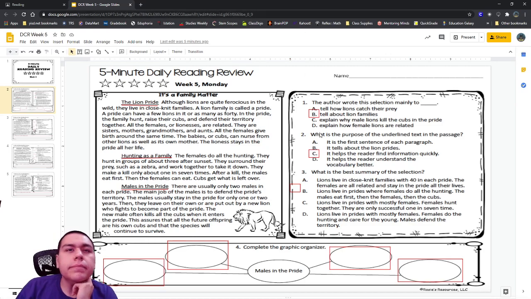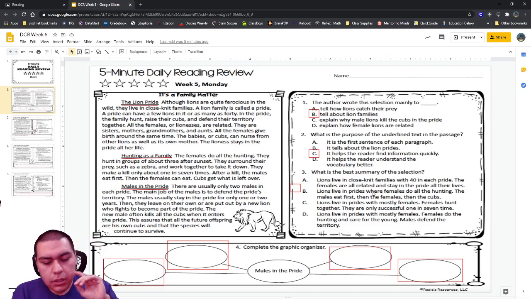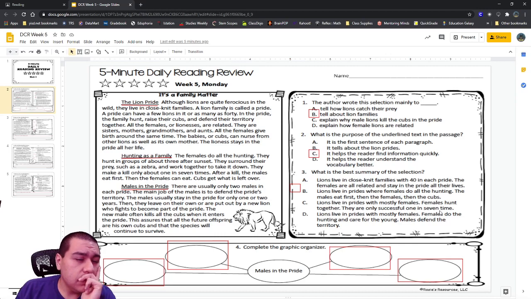That's okay. All right. So we found a good summary of paragraph 1. We found a good summary of paragraph 2. But we want a good summary of all of it. Kaylee, what do you think? C. Lions live in prides with mostly females. Females hunt together. They are only successful 1 in 7 times.